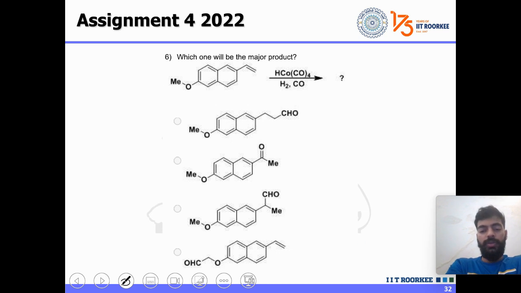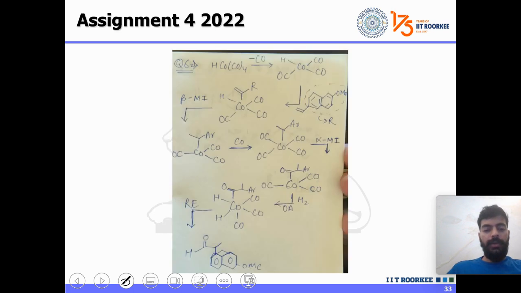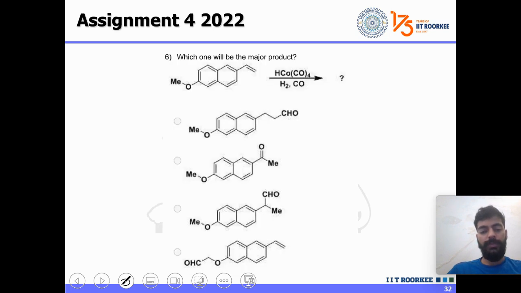Let's see who is going to give me the correct answer. Here I have already given you the mechanism of this question. If you see here, directly hydroformylation is happening via the reductive elimination pathway. So this is the correct answer.